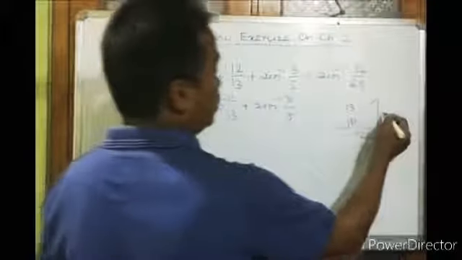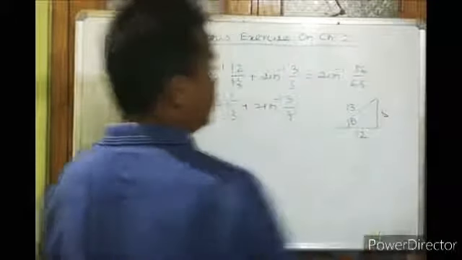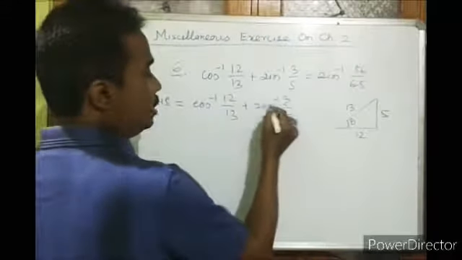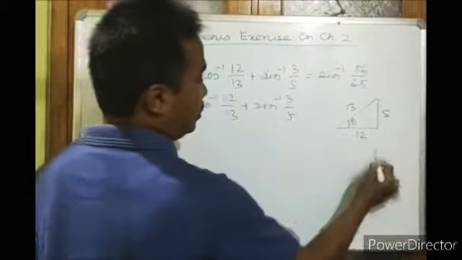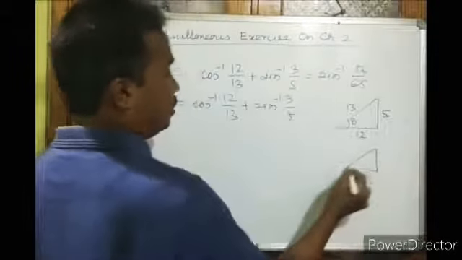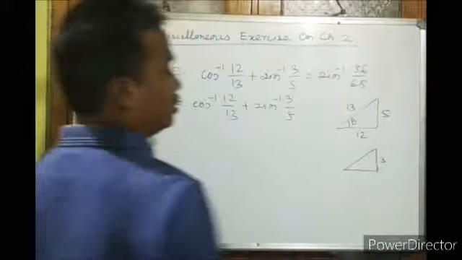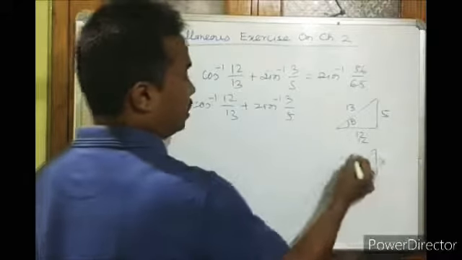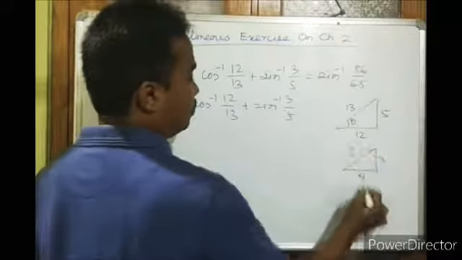So obviously perpendicular is 5 for this one. And for sin inverse 3 by 5, 3 is perpendicular and 5 is hypotenuse, so base is our 4.